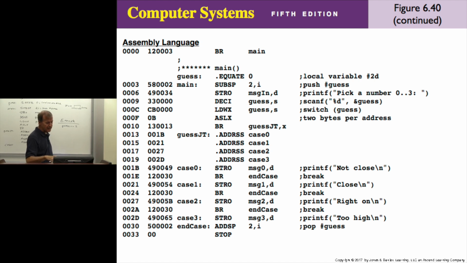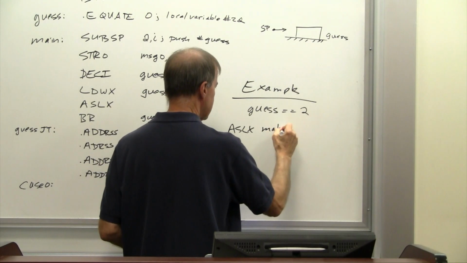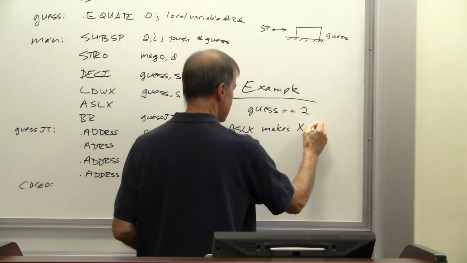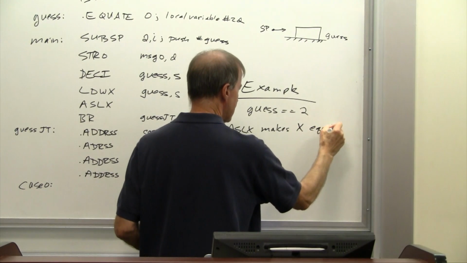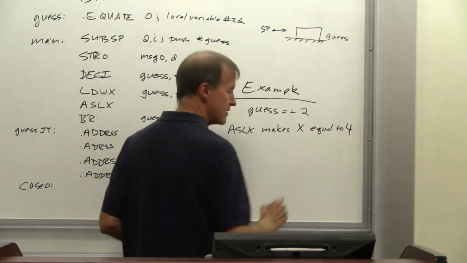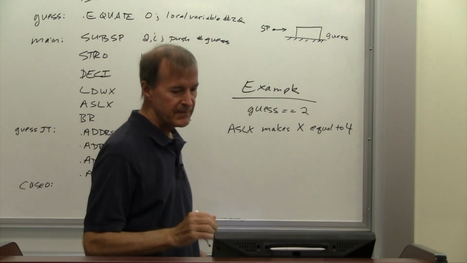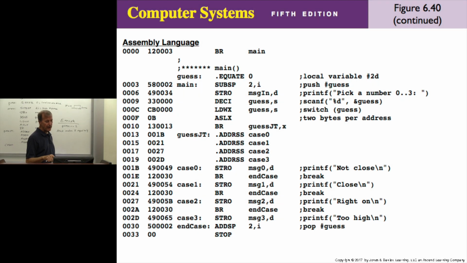So we load word index guess, and then that's 2, right? And then ASLX makes what? ASLX makes X equal to 4. Are you with me? All right? And now we branch to guess table JT using indexed addressing.